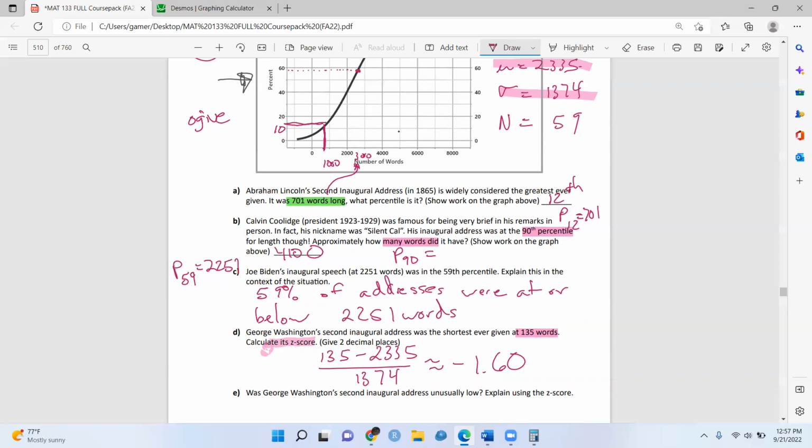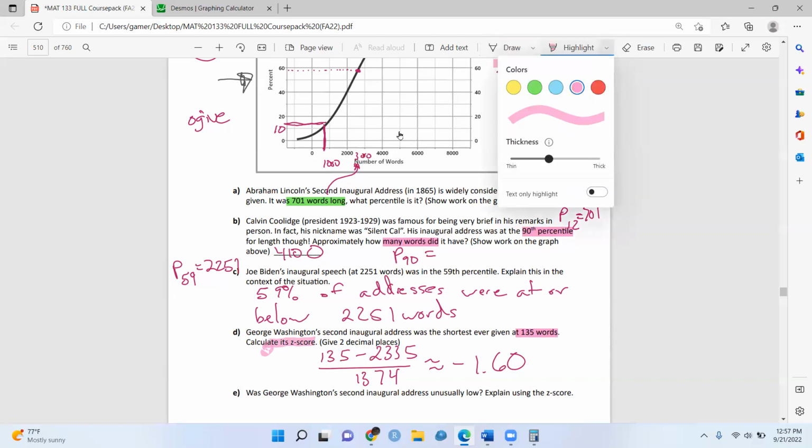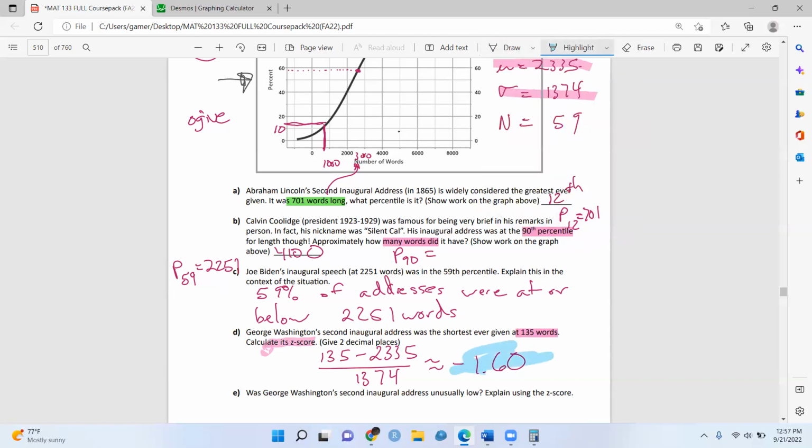So is that number unusual? No, because it's not more than 2 standard deviations away from the mean. You were right.